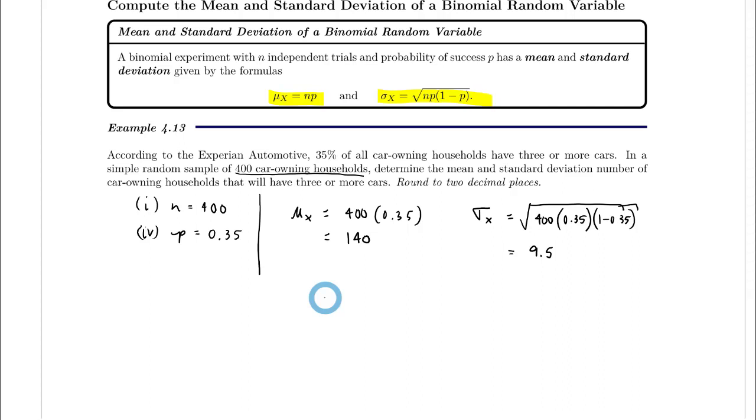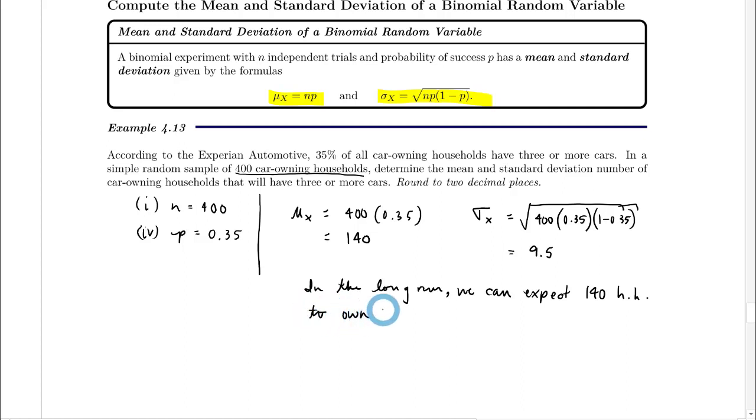We could just say that in the long run, we can expect 140 households to own 3 or more cars, give or take 9.5 households.